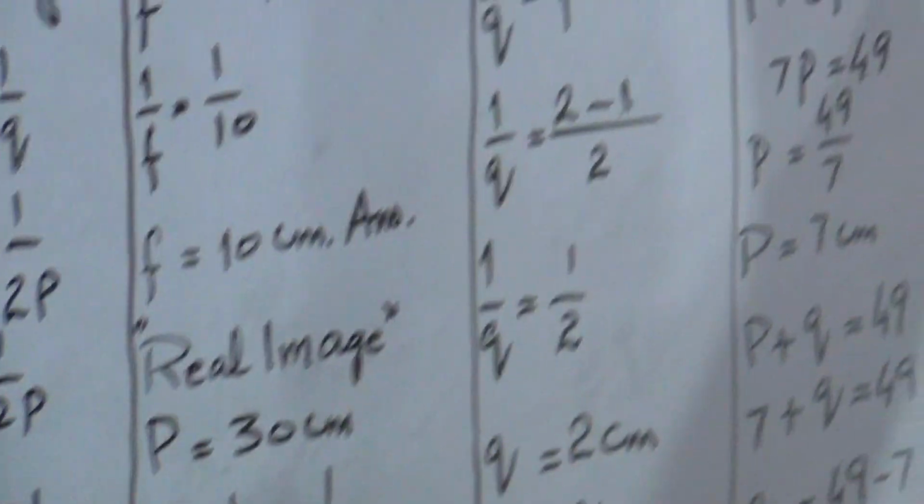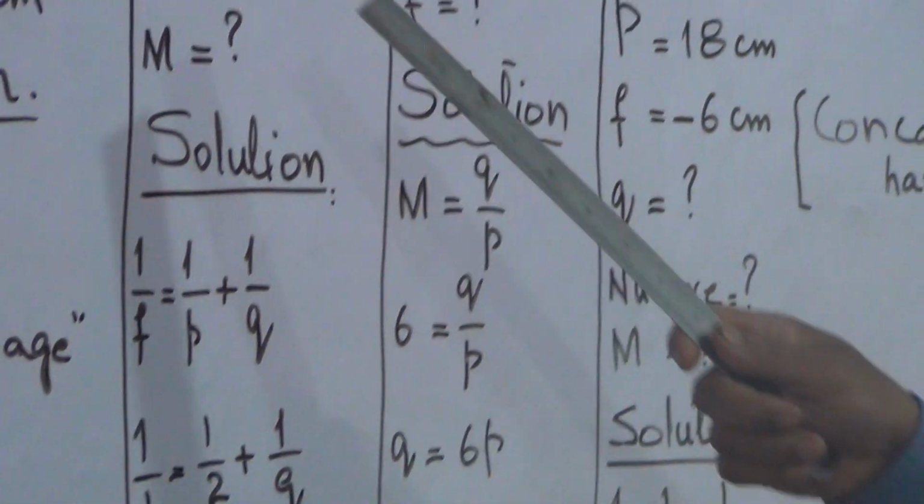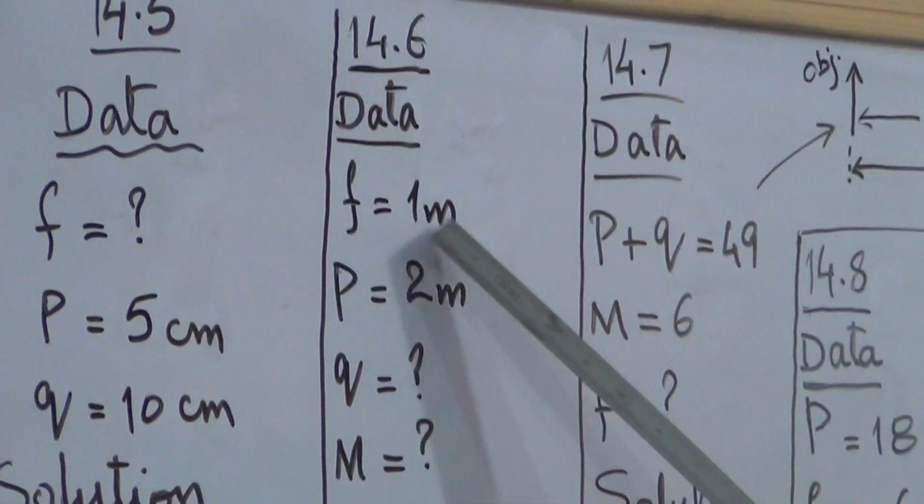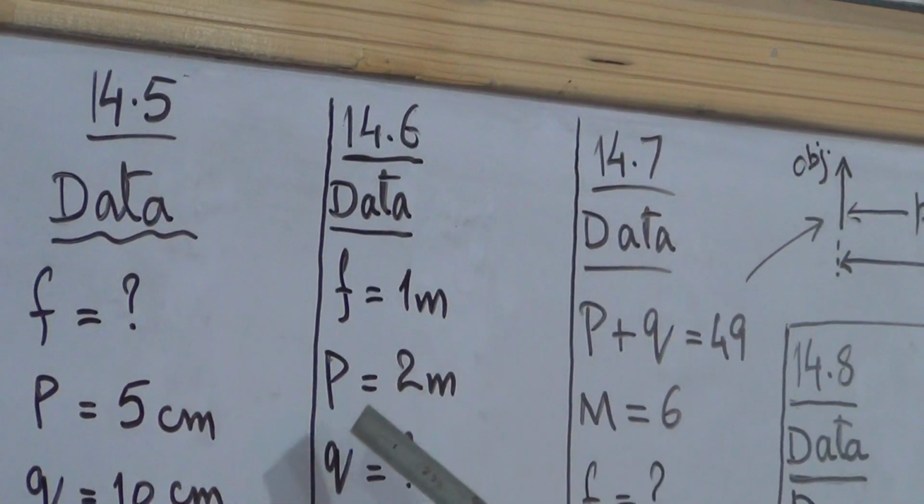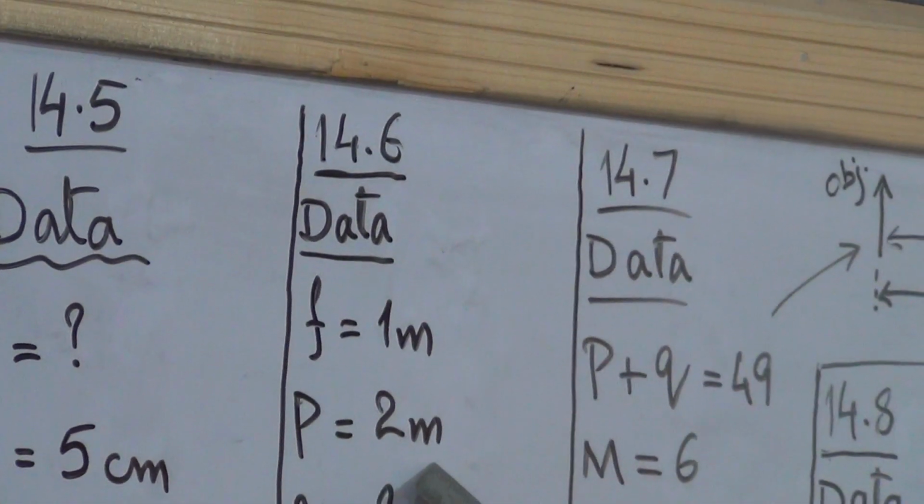Next, 14.6. Focal length of the lens is 1 meter and the object is placed at 2 meter.